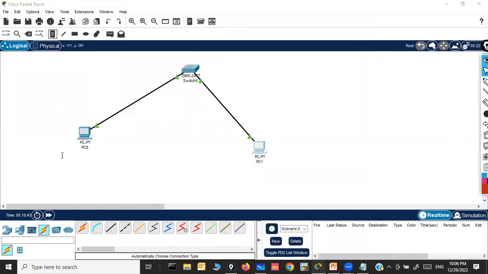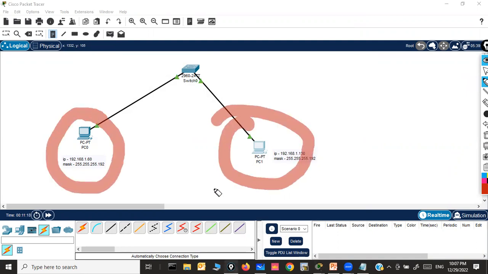This machine's IP is 192.168.1.60, and the subnet mask is not the default, it is 255.255.255.192. Same for the other: IP 192.168.1.130, with subnet mask 255.255.255.192, right?